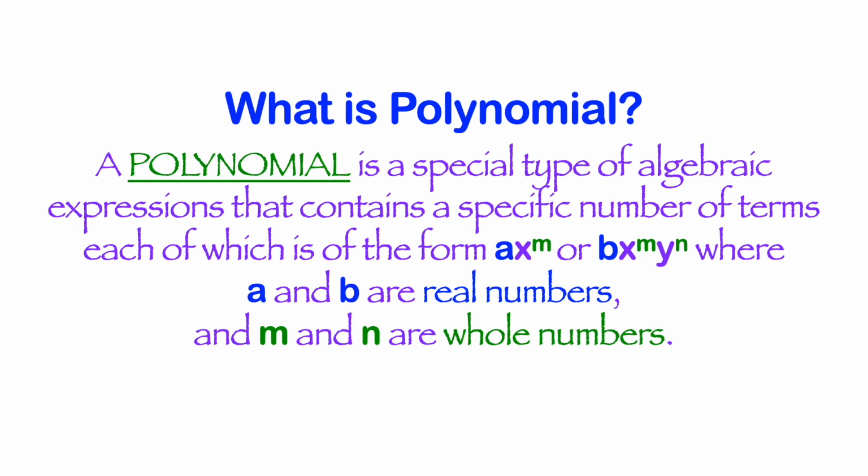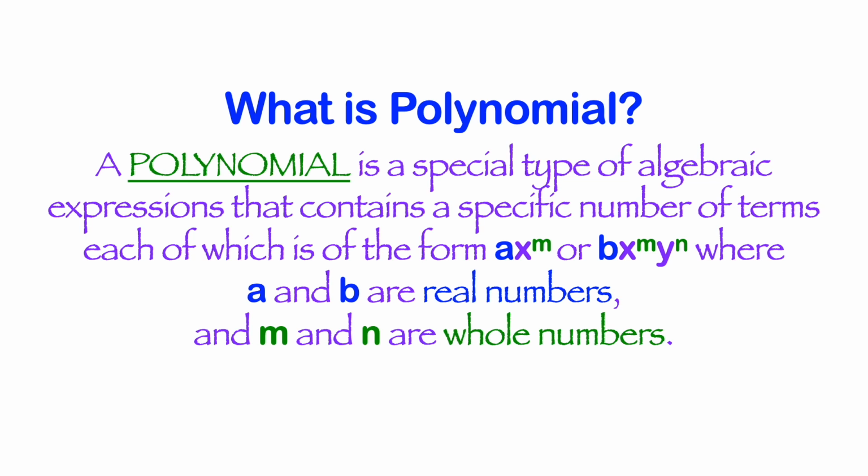So yung a and b, pwedeng fractions, pwedeng integers, pwedeng irrational numbers, pwedeng decimal numbers, any real numbers. Pag fraction nga pala, hindi pwedeng ang denominator ay 0 kasi hindi siya real number. And m and n are whole numbers.